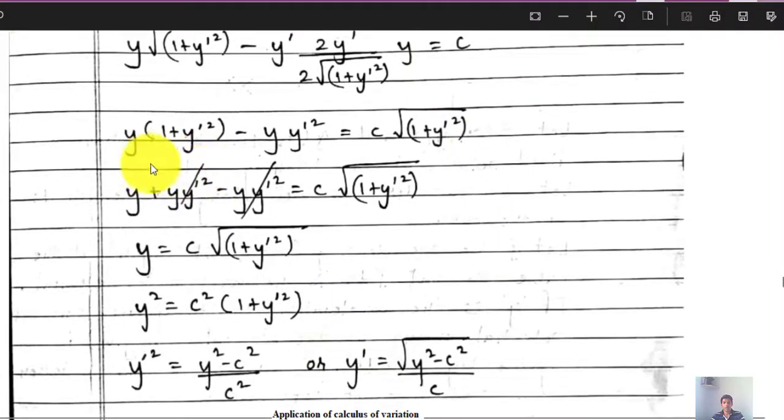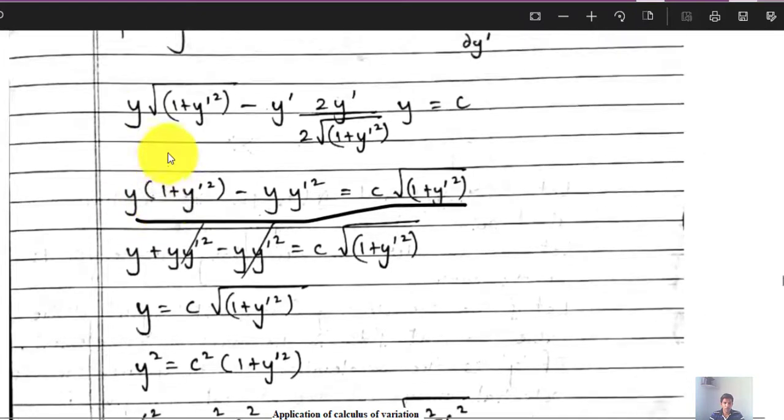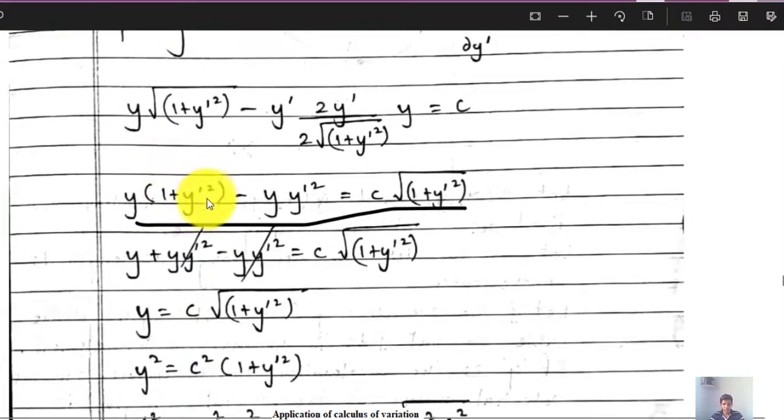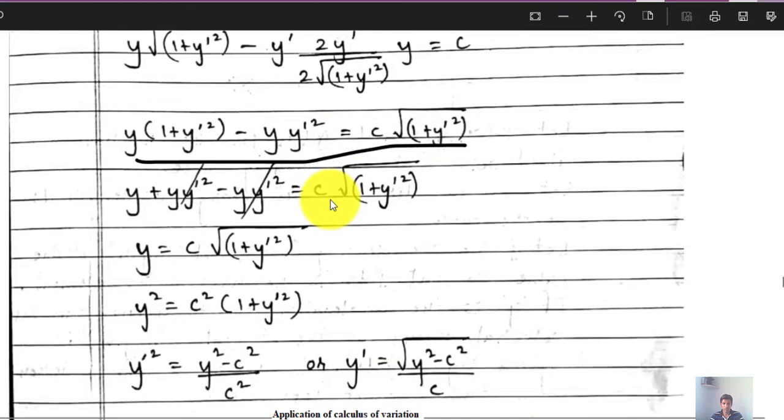Again by simplifying, y into 1 plus y prime square minus y prime square is equal to c square root of 1 plus y prime square. Therefore y is equal to c square root of 1 plus y prime square.